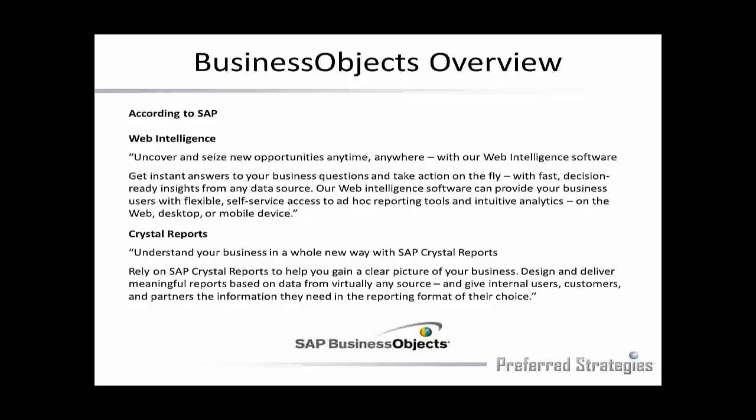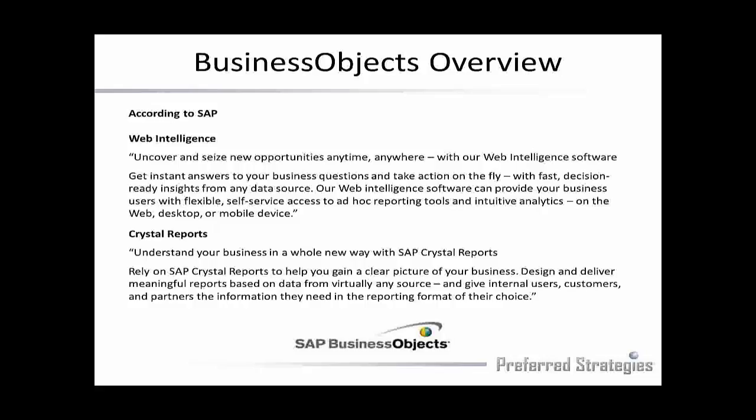BI Publisher is just one part of the Oracle OBIEE suite, the reporting element of it. And Web Intelligence and Crystal are just one part of the Business Objects suite. There are other things like dashboards, other types of analytics, Office integration, and BI Mobile, but we're not going to really focus on those for today's session.